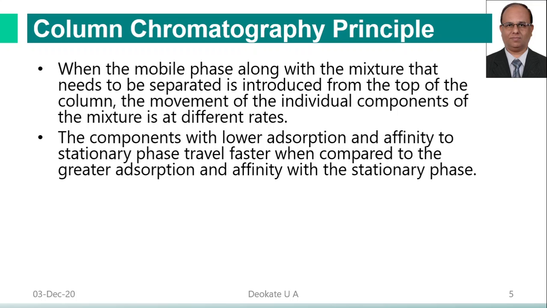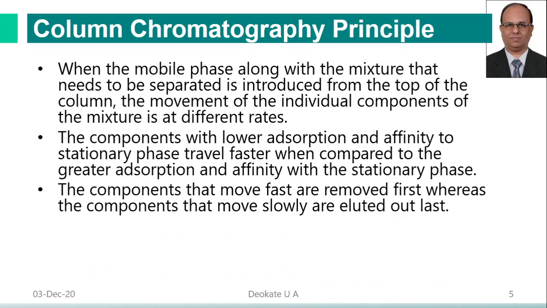The component with the lower adsorption and affinity to the stationary phase travels faster compared to the one with the greater adsorption and affinity to the stationary phase. See the term, it is adsorption, it is a surface phenomenon. The components that move fast are eluted first, whereas the compounds that move slow are eluted last.